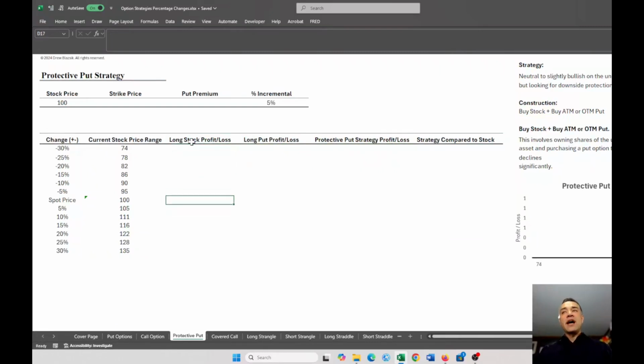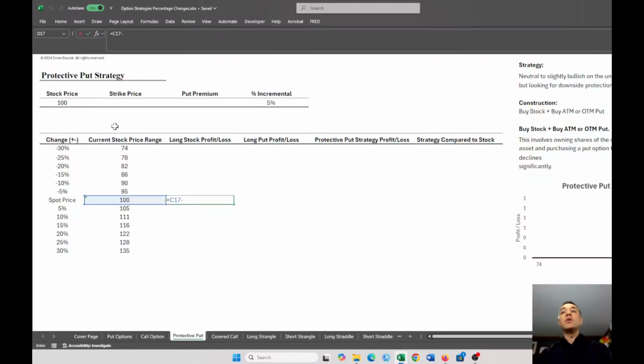So when I buy the stock, let's think this through. What is our profit and loss? The stock price is 100, and the spot price just means today. My profit loss is going to be the stock price of the range. If it goes down, I'm going to lose money. If it goes up, I'm going to make money.